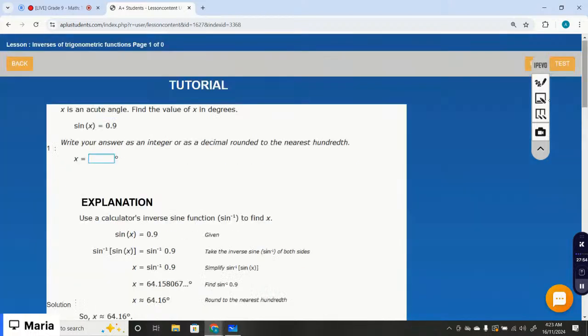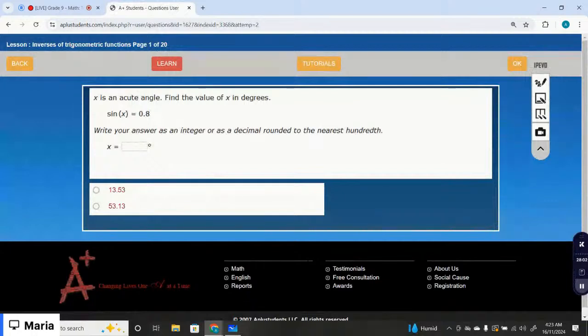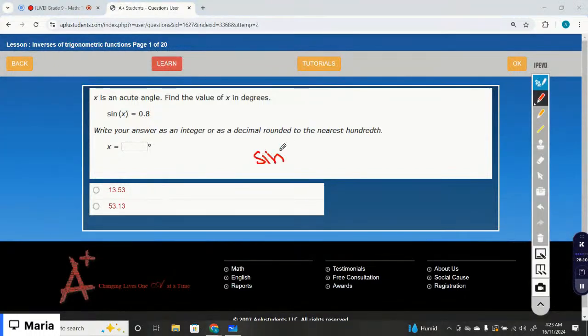Let's just start with the test questions. X is an acute angle. Find the value of X. Okay, so let's just see. You have to take sine inverse on both sides. Sine inverse, sine of X, and sine inverse 0.8.